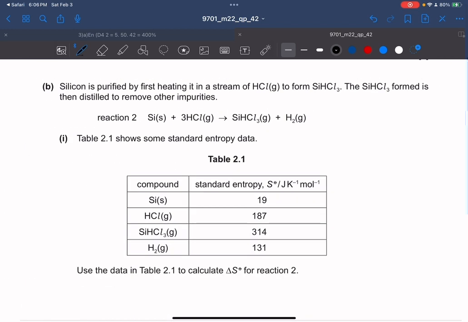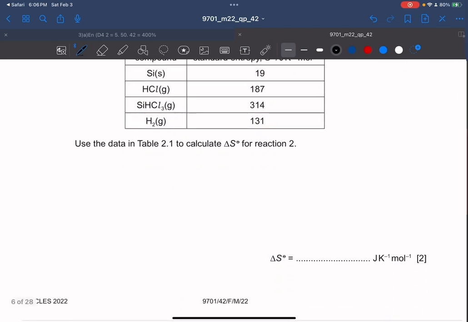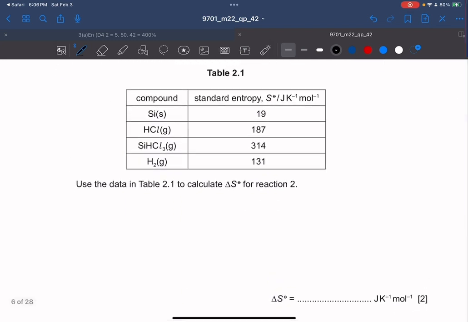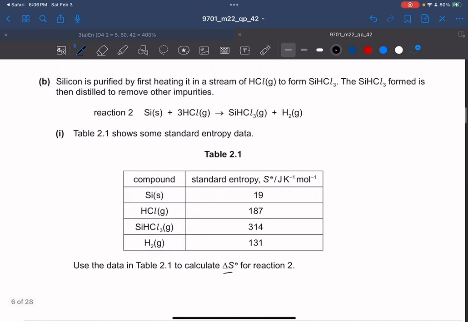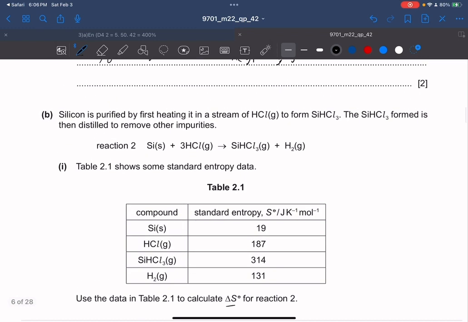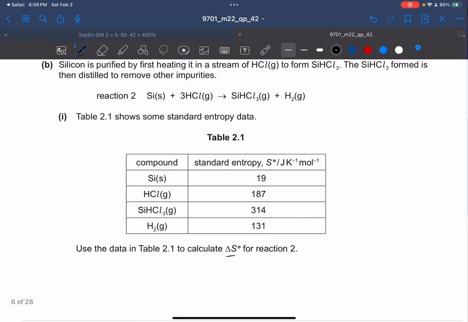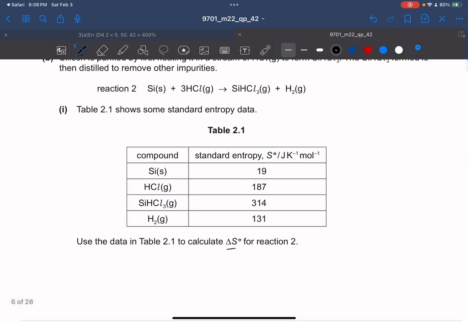All right, next question. Use the data in table 2.1 to calculate delta S. This should also be a pretty easy question, because delta S, you calculate it exactly the same way as you would calculate delta H, and we've been doing that since IGCSE, so should be pretty easy. We're just going to do delta S equals S final minus S initial.